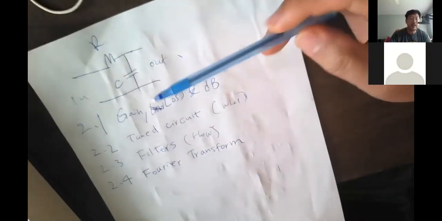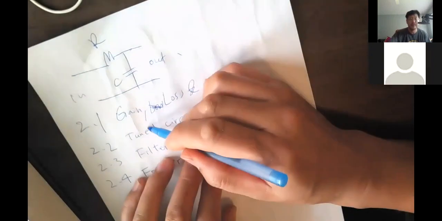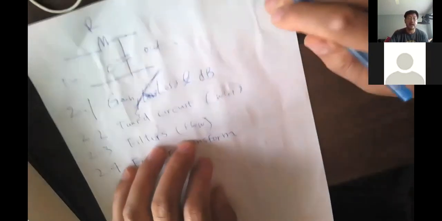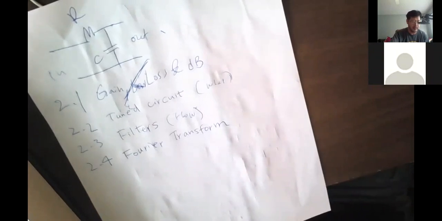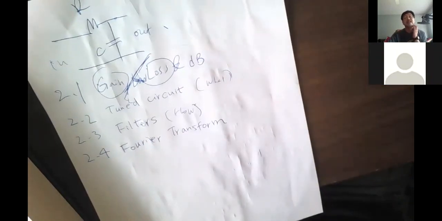It's from chapter 2. The first topic will be the gain and the loss. We're talking about communication. A lot of the time we talk about signal strength, and during transmission the signal will have loss in the media, and then we have to make up all the losses.